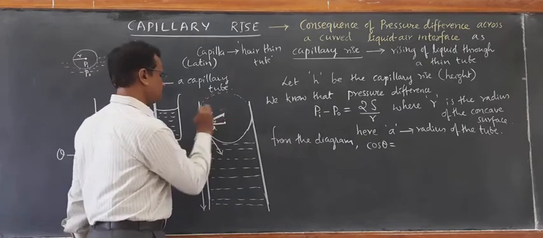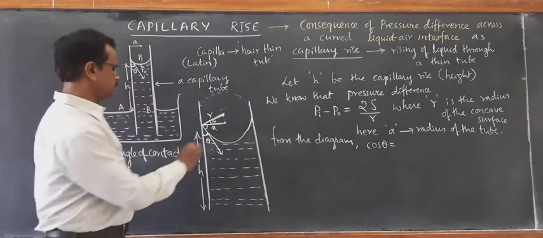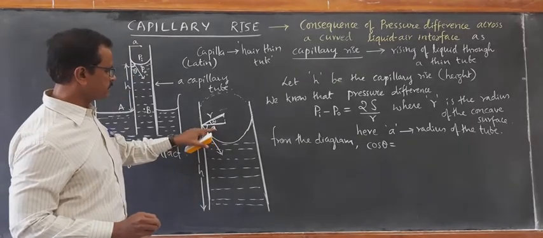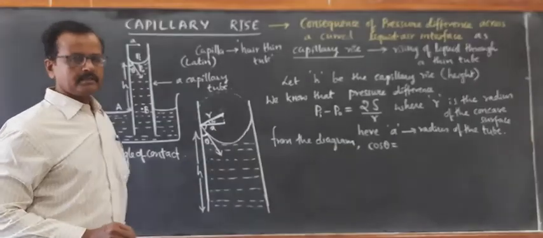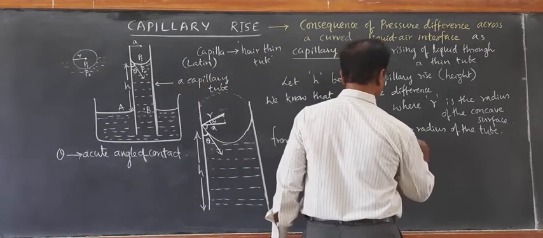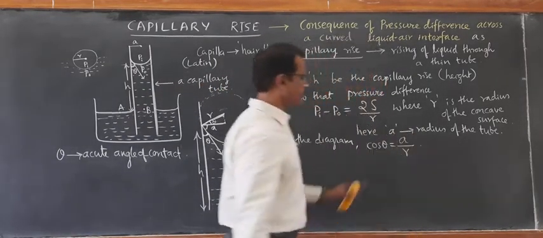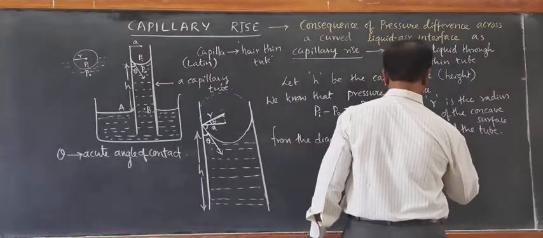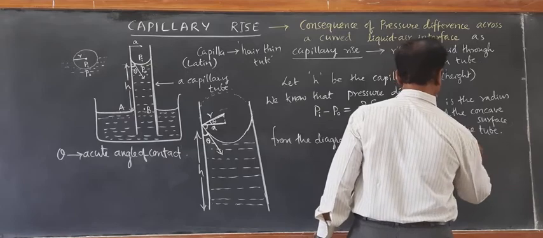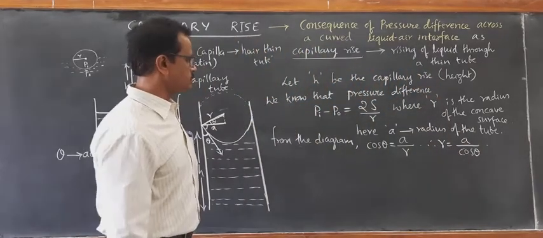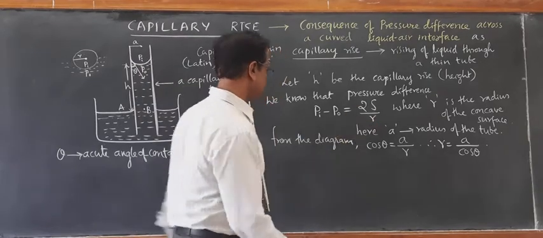It forms a right angle triangle. Adjacent, that is base, divided by the hypotenuse. Base is A and hypotenuse is R. We want R. Therefore, R is equal to A by cos theta. So now substitute this here.